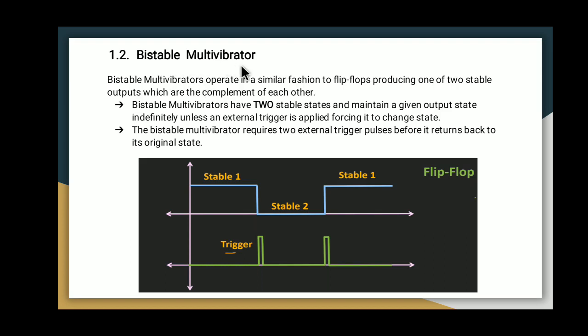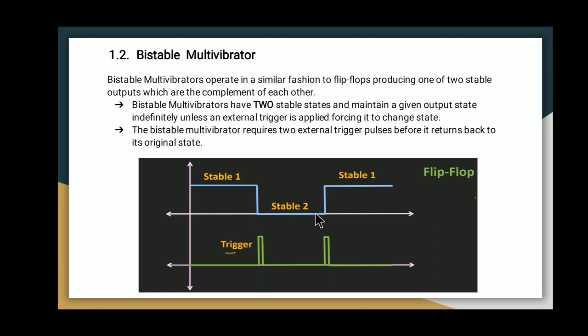Bistable multivibrator. A bistable multivibrator has two stable states, and at any point of time the output is in one of the two stable states. When some external trigger action occurs, the output switches from one stable state to another.